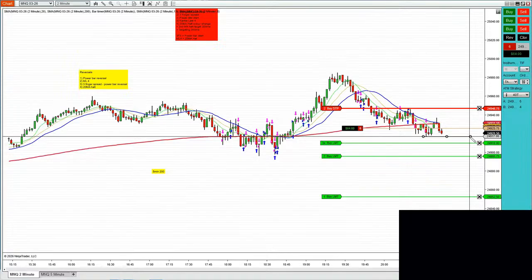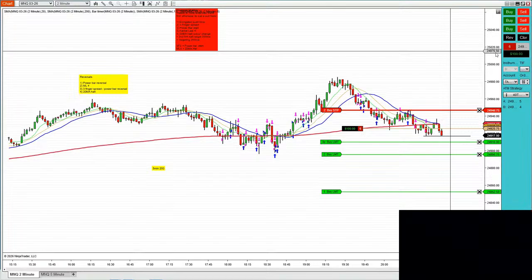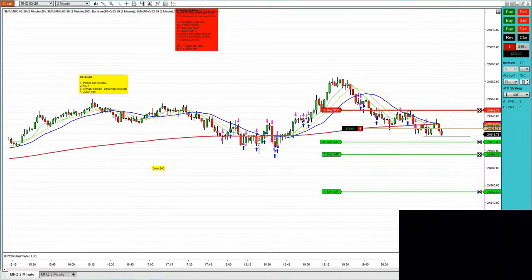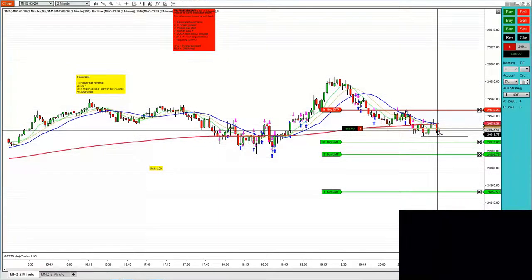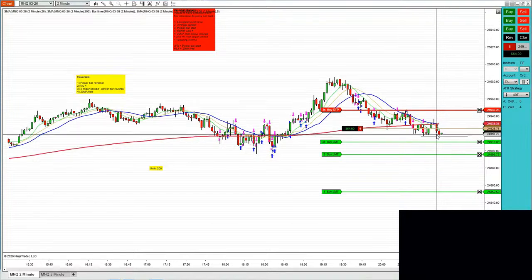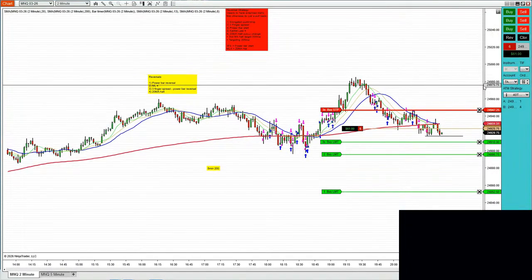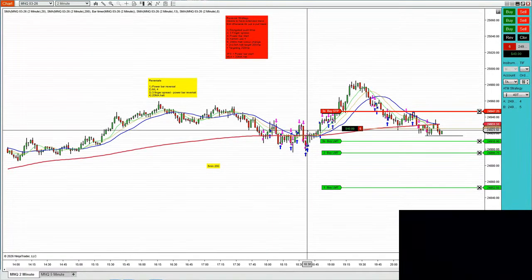And then we want to see what happens towards this spot. But if this all follows through, we have caught the start of the trend.